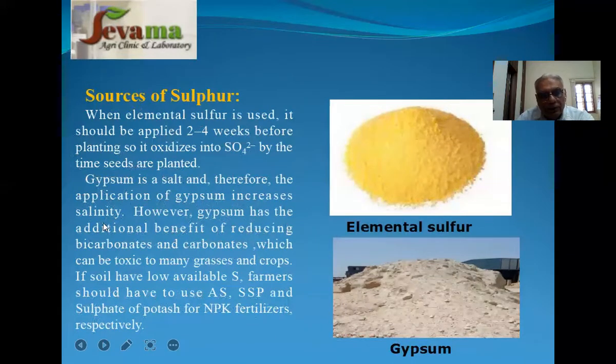However, gypsum has the additional benefit of reducing bicarbonate and carbonate, which can be toxic to many grasses and crops. If soil has low available sulfur, farmers would have to use ammonium sulfate, single superphosphate, and sulfate of potash or NPK fertilizer, respectively.